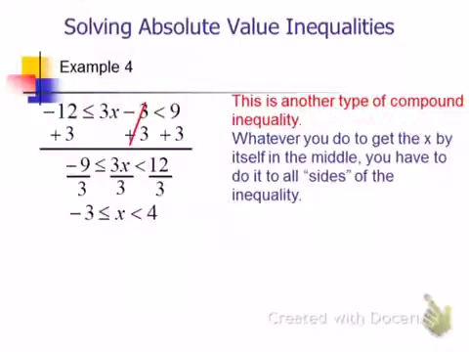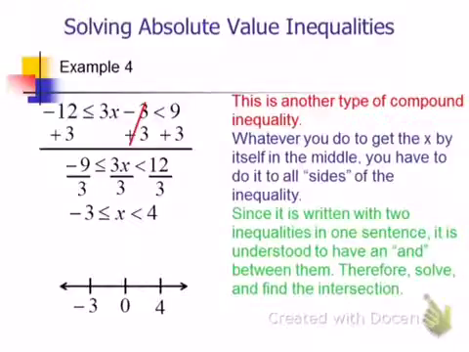So the graph of this will be everything between -3 and +4, including -3 because it's equal to, not including 4 because it's just less than, and x is everything in between the two numbers. So that's what your graph will look like: everything shaded between -3 and +4. That's not too bad, right? Can y'all handle that?